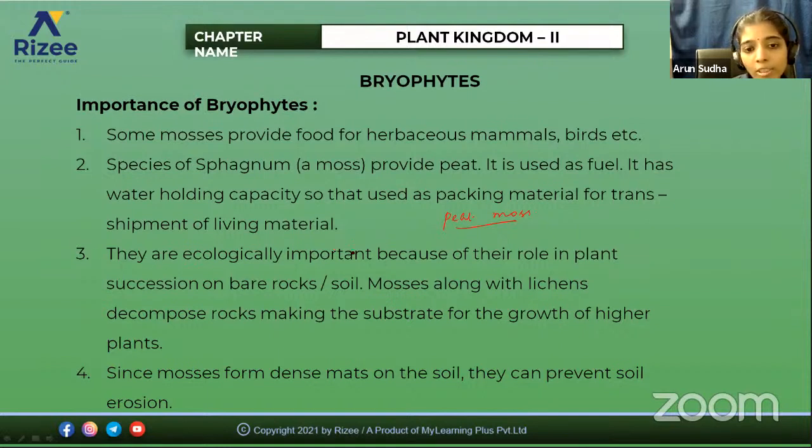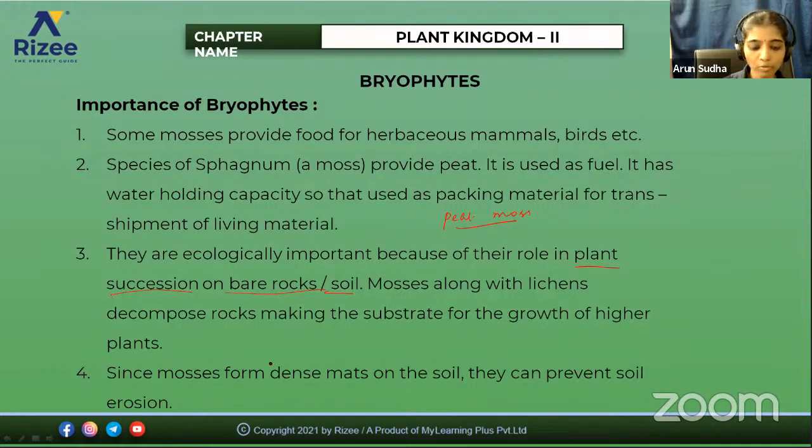They are ecologically important because of their role in plant succession on bare rocks or soil. Mosses, along with lichens, act as the first plants. On rocks there will be no growth, so these mosses and lichens decompose rock and make it a substrate for the growth of plants.